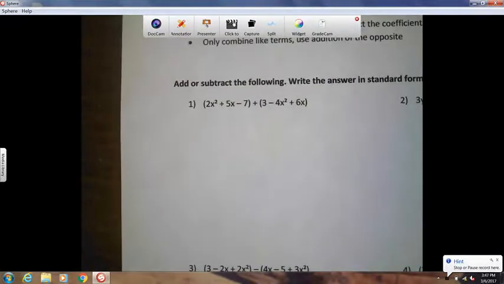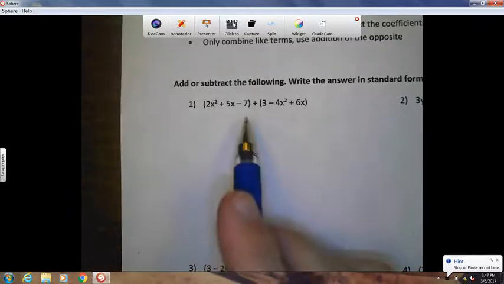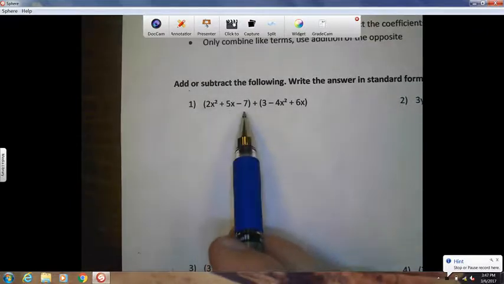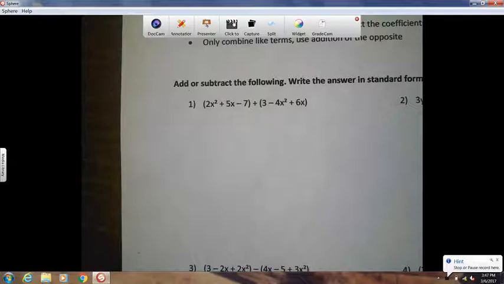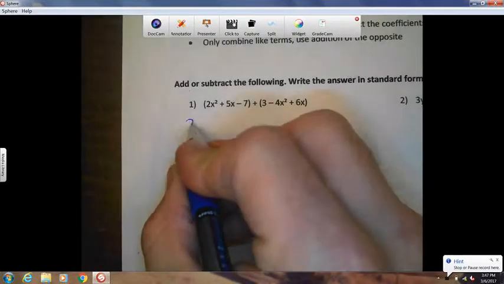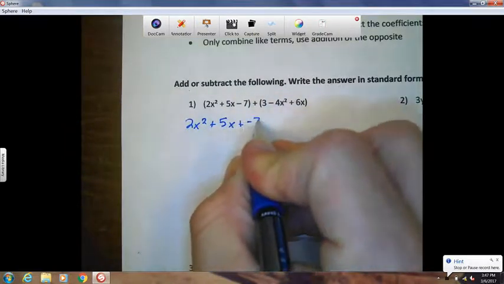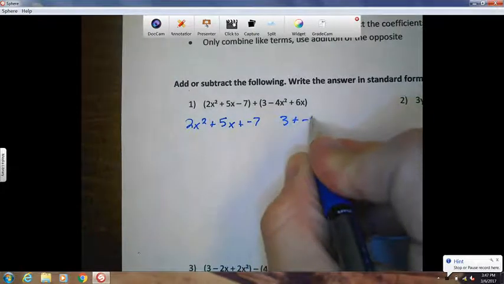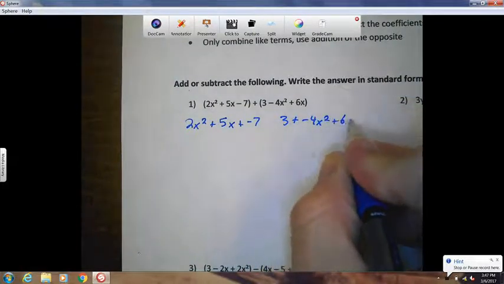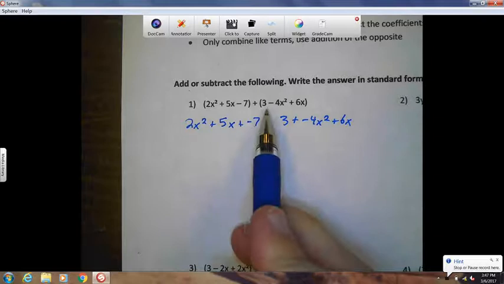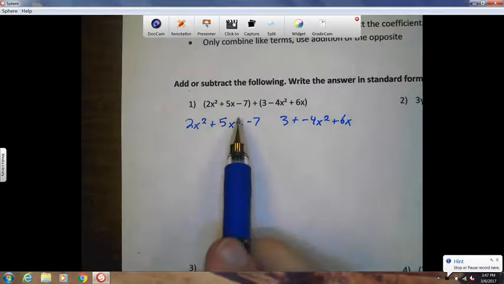As we look at number 1, we see we have an addition problem. So in this case, these parentheses actually don't help at all. What I want to remember to do is combine like terms. So the first thing I'm going to do is write addition of the opposite, so I'm going to change that to plus a negative 4 and plus a negative 7.